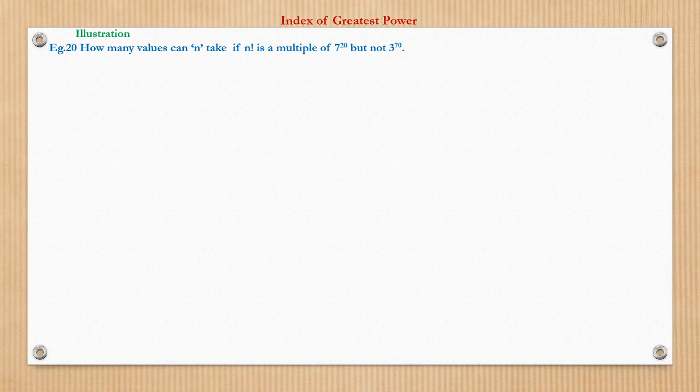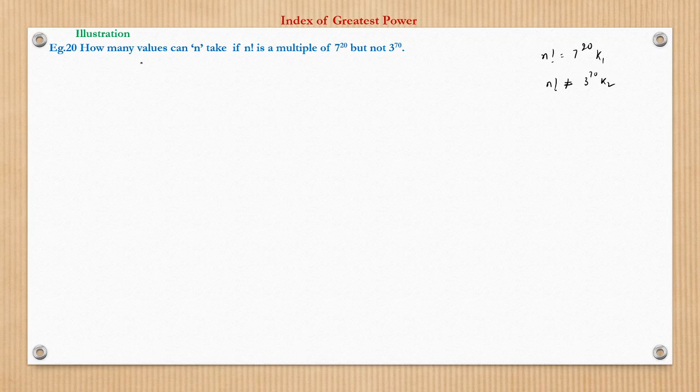So a similar case we will see here again. Another question. Here it says n can take any value such that n factorial is a multiple of 7 raised to power 20, but n factorial is not a multiple of 3 raised to power 70, right? So let us see how this works out.